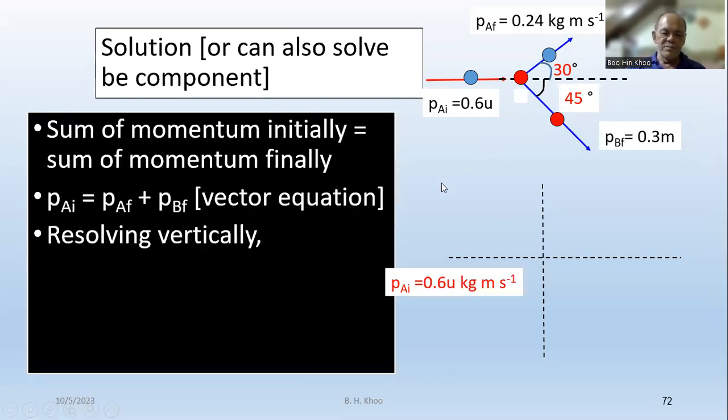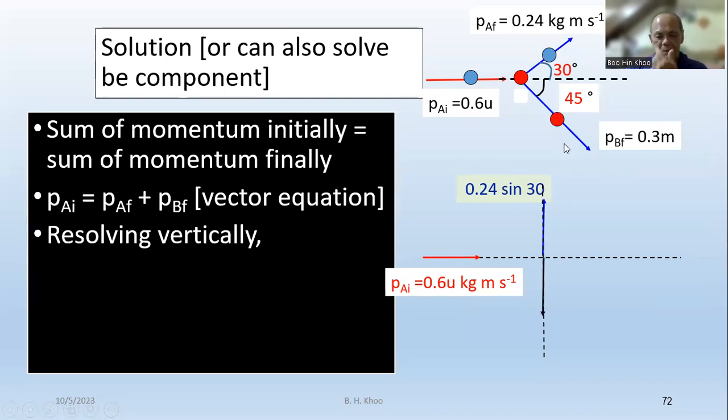Same vector. Resolving vertically, since we want to find m, we don't know u. So resolving vertically, let's represent that as a vector momentum. Then we solve this one vertically. It's 0.24 sin 30.